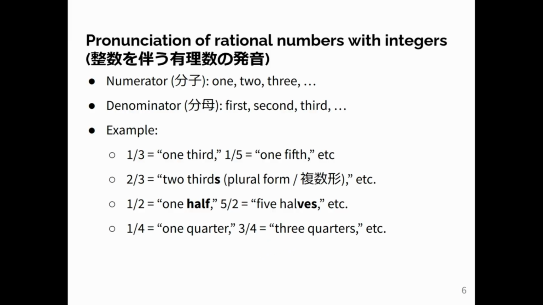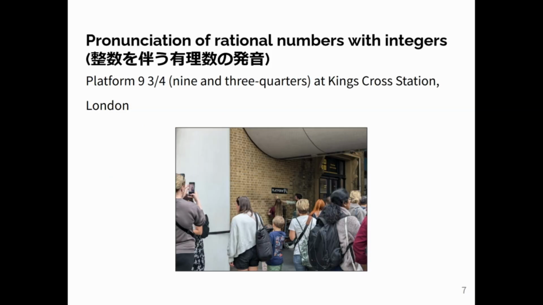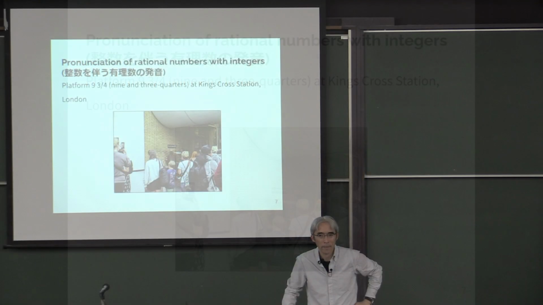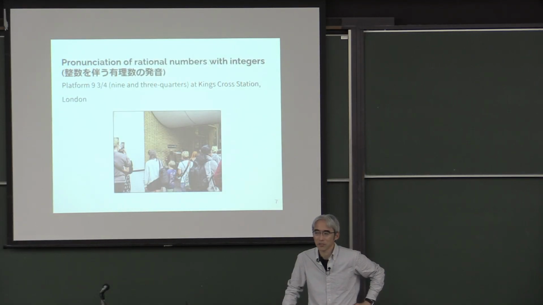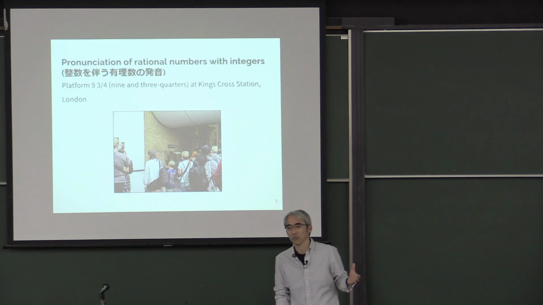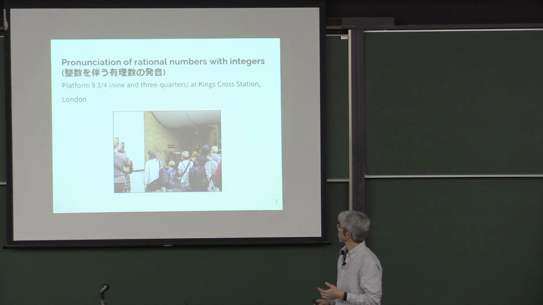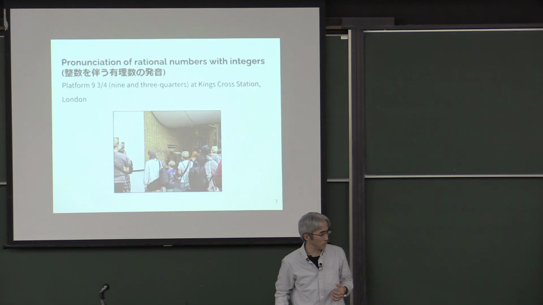And maybe some of you may know the famous example of 1 quarter and 3 quarters. This is one. Maybe many of you know the movie film, the Harry Potter series. And many of you know that Harry Potter and his friends get on the train called the Hogwarts Express at King's Cross Station in London.